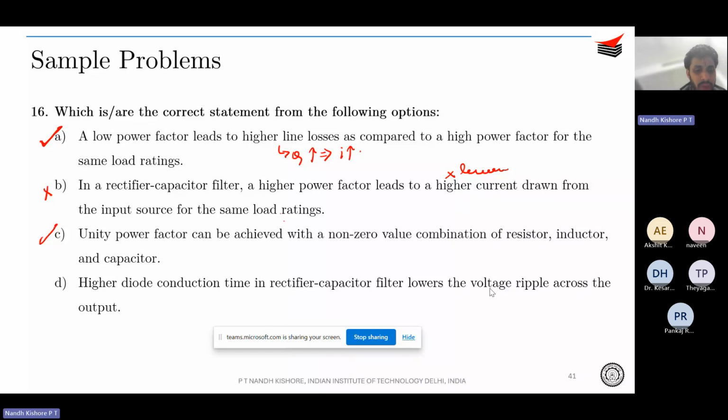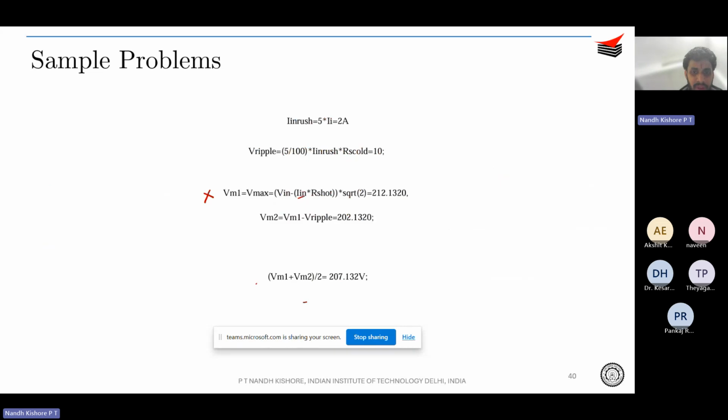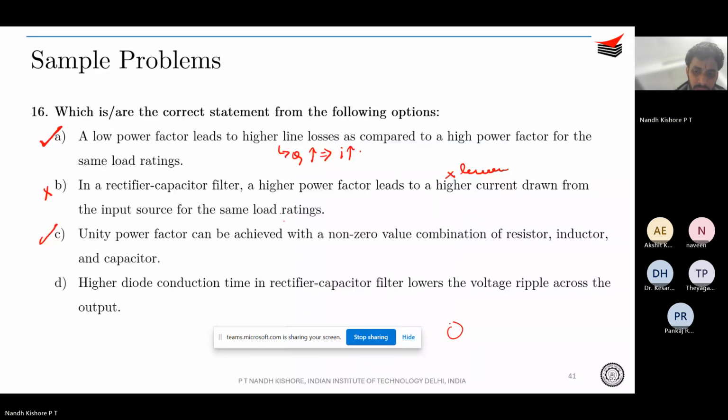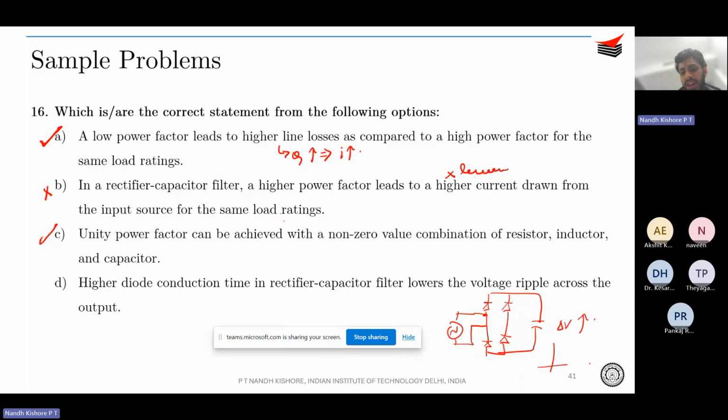So what would lower the voltage ripple across the output? So you know that from the waveform you have something like this. If your diode conducts for longer, obviously the ripple will be larger, correct?